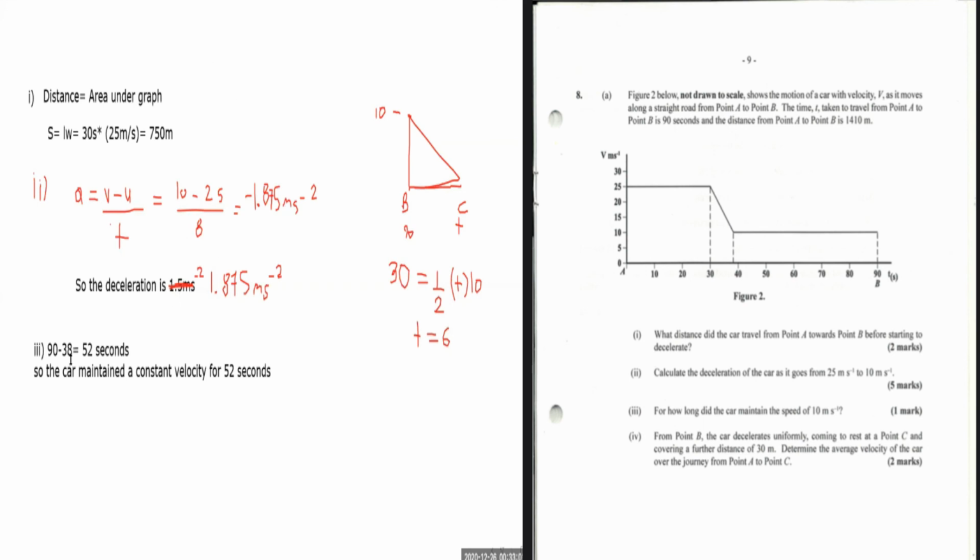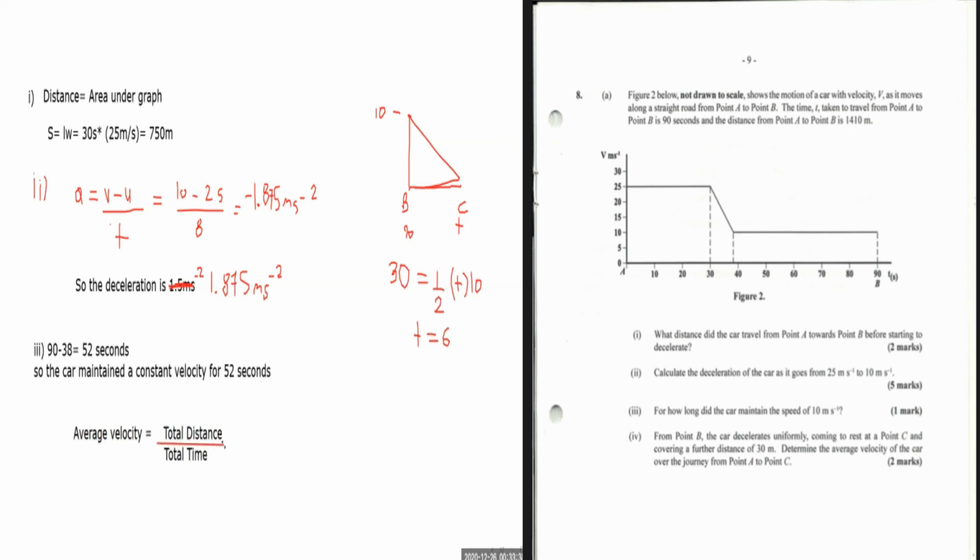And so now we can go ahead and find the average velocity. Let me draw some more space. Average speed is total distance divided by total time.